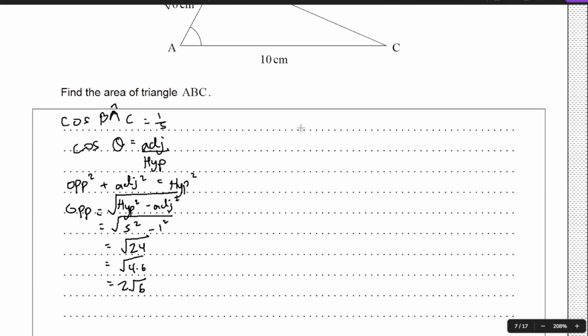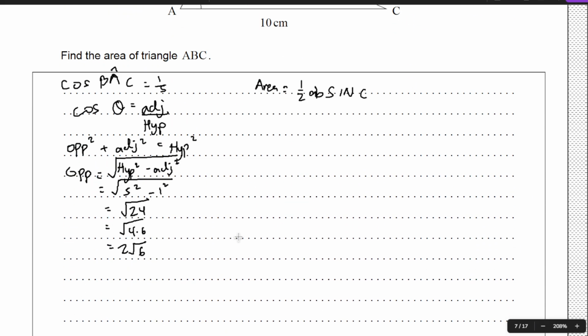And okay, so the area of a triangle, the formula is half ab sine C. So when we're looking at this, for sine, if we remember our SOHCAHTOA, it would be opposite over hypotenuse.